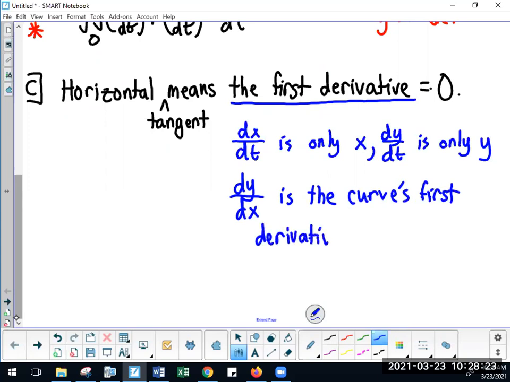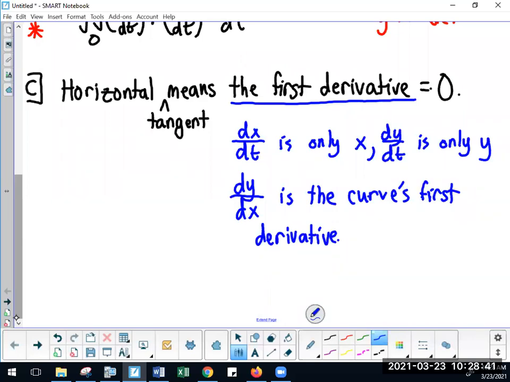So you want to be very careful with your reasoning when it comes to parametrics and vector and polar. A lot of it is going to feel the same. I hope a lot of it has felt the same so far. This is one of those differences.